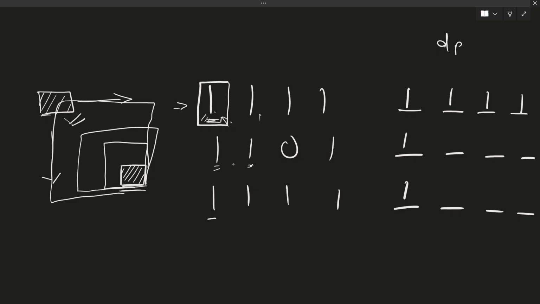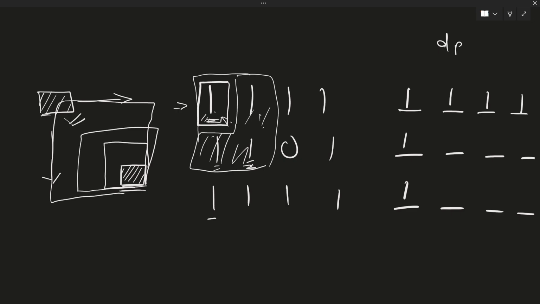Since in the top, left and diagonal directions we can create a square of side 1, this part can be expanded with this square, and hence we are able to form a square of side 2.